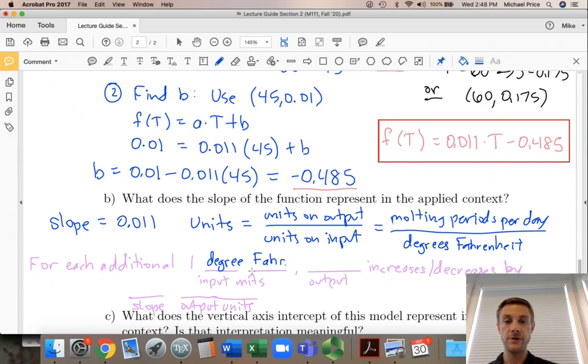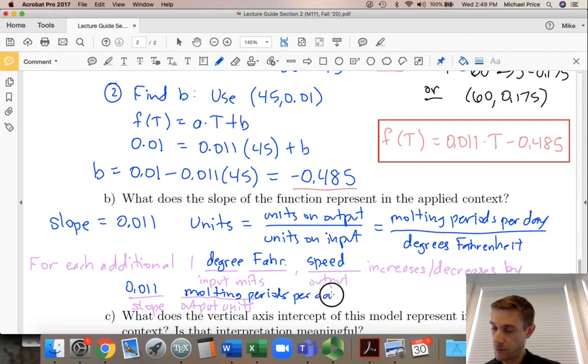So for each additional degree Fahrenheit, the output, which was growth speed, so growth speed increases by the actual slope we had, which was 0.011, and then the units on that were molting periods per day, because that's what our output was measuring.